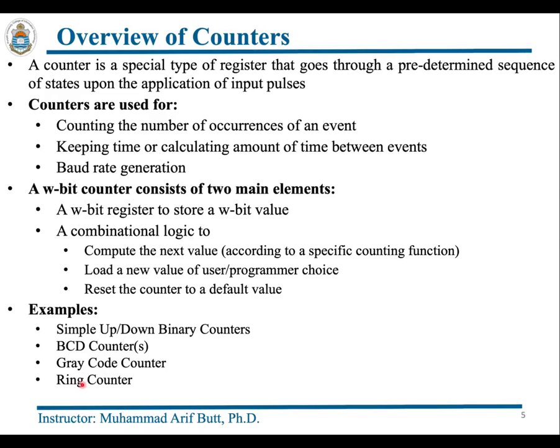A similar counter is the Johnson counter, which is actually the reverse of the ring counter, in which the output of the last flip-flop is fed inversely to the data input of the first flip-flop. I hope that in the digital design course all these counters have been taught to you.